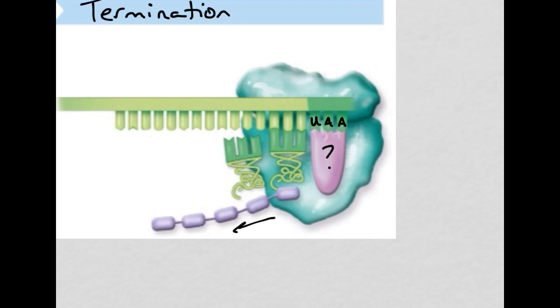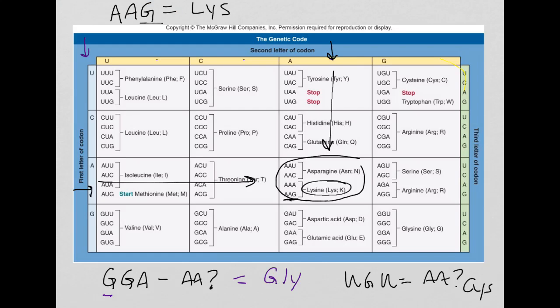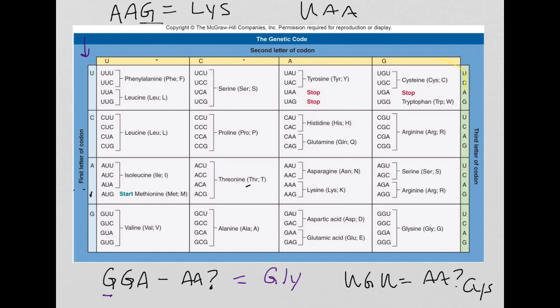How did that happen? Well, let's look at our chart and see how that happened. We're looking for UAA. Clean this up. Okay, so UAA, let's go with the yellow here. We're going to go with the U, so we're going to go here. We're going to go with A here. And if we circle UAA, we find it codes for a stop.